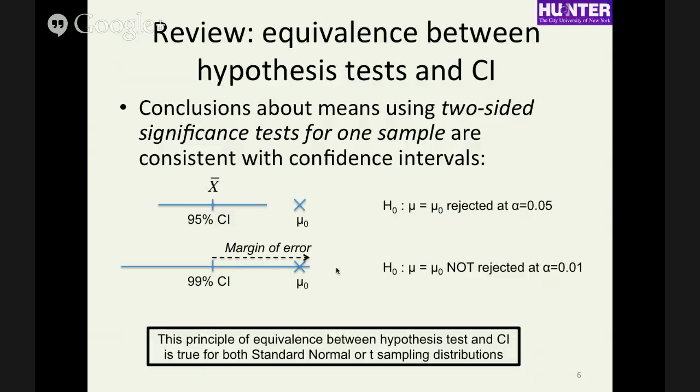This principle of equivalence, it's going to hold for 2 sample tests, but possibly not in the way you think. It's a common misconception to translate this to the 2 sample tests in the wrong way. And I'll tell you what that wrong way is, but first I'll tell you what the right way is as we go through it.